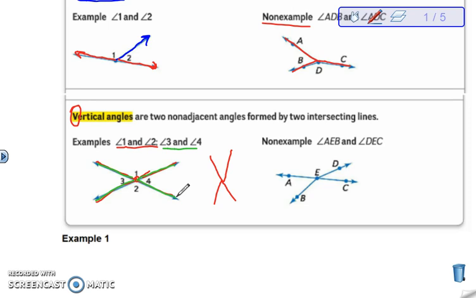For the picture on the right, they are not vertical angles because the line from B to E to D is actually crooked, so it's not a true line. On the left, both lines are perfectly straight, forming an X. On the right, it almost looks like we have two lines, but E to D is slightly crooked, so that doesn't work.